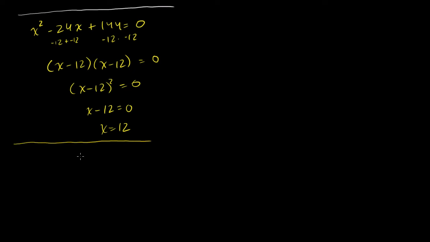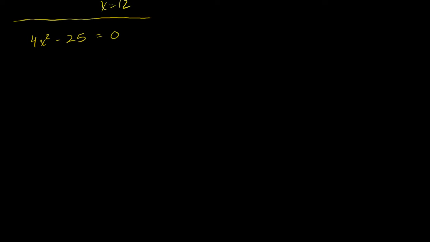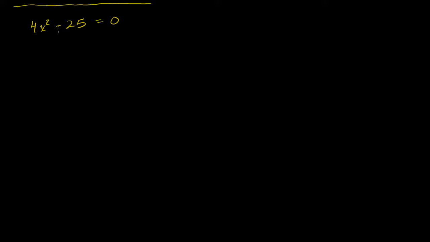Let's say we have 4x squared minus 25 is equal to 0. You might already see the pattern. This is an a squared, and that is a b squared. We have the pattern of a squared minus b squared, where in this case a would be equal to 2x, since this is 2x squared, and b would be equal to 5.